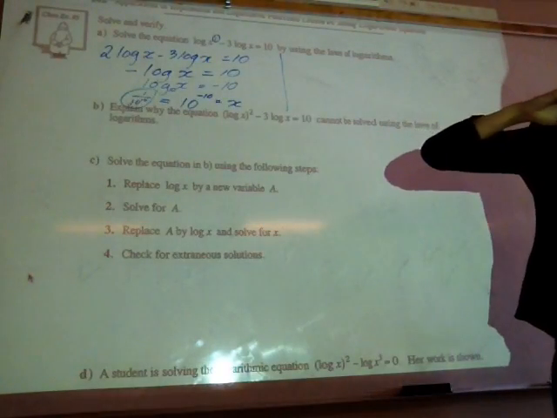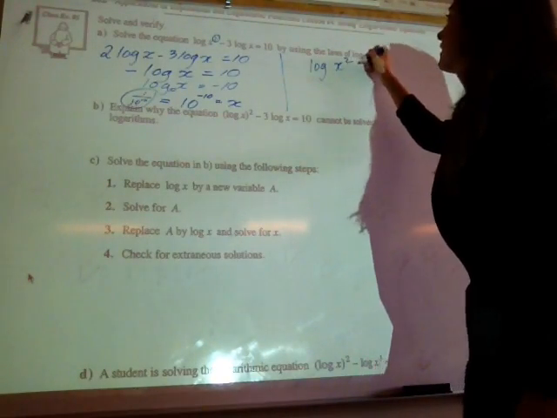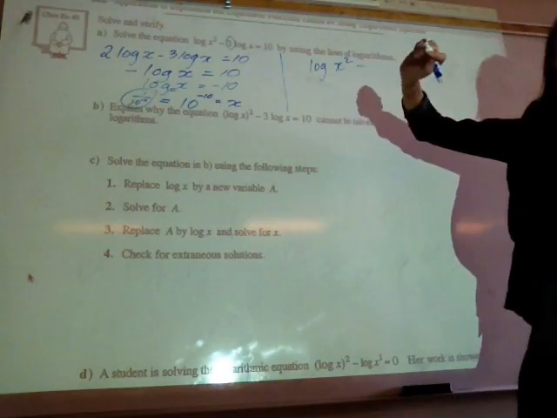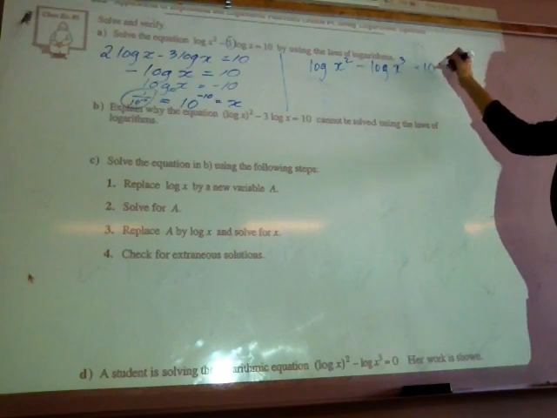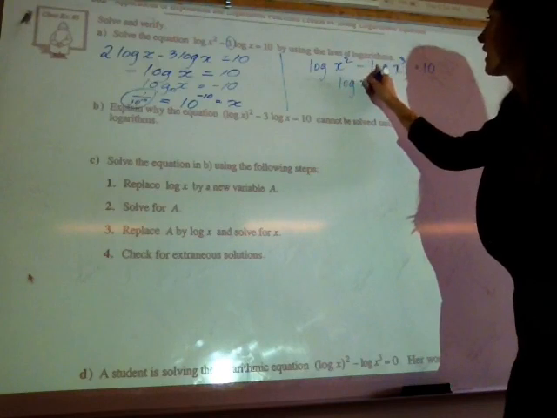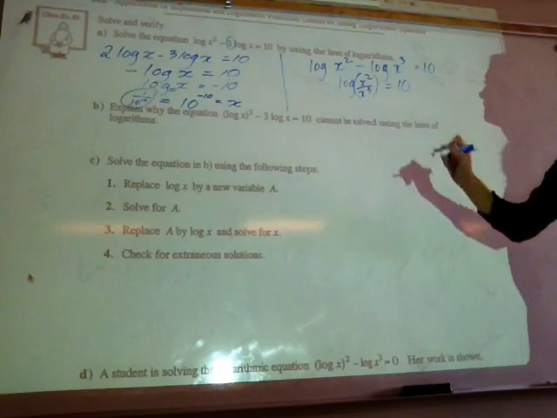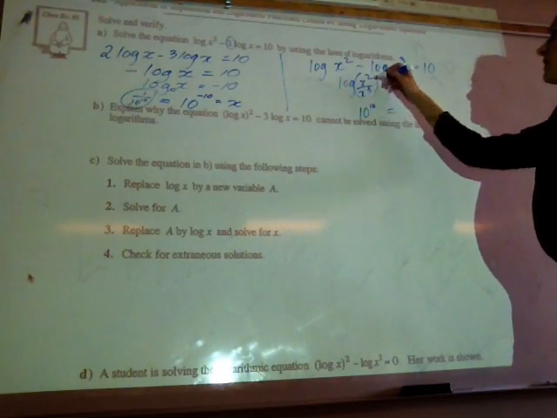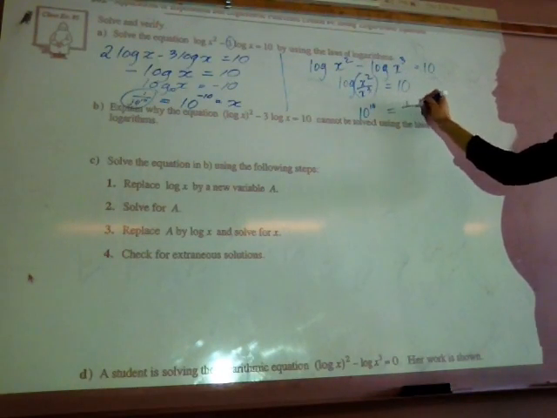Who did it the other way? Anyone? Okay, I'll just run through that quick. So if we had log x squared minus, in this case using the 3 and putting that up as an exponent, I would get log x cubed. That all equals 10. With the same base, so we can apply the quotient law, we get log x squared over x cubed. That equals 10. And then apply the exponent law. 10 to the power of 10 equals my argument, which is x squared over x cubed. That works out to be 1 over x.